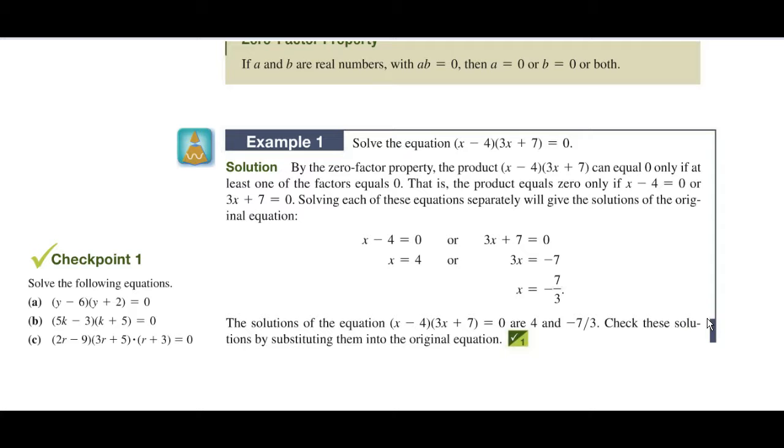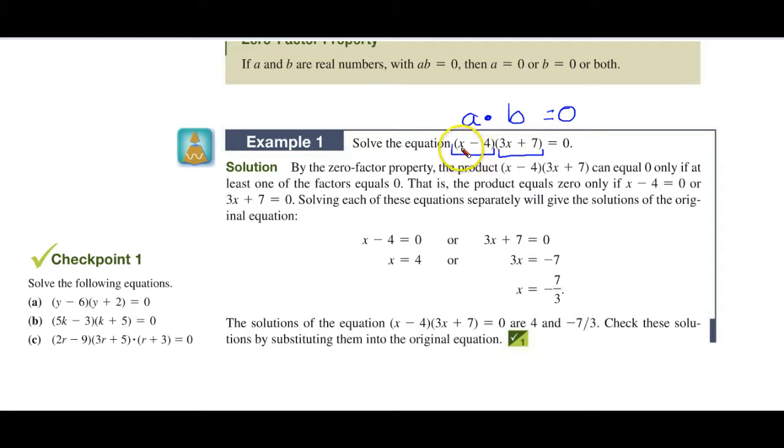Now, as we go to example 1, notice the form that it is in. We have a factor. In a sense, this could be our A, times another factor, which could be our B. And we're saying that series of factors equals 0.